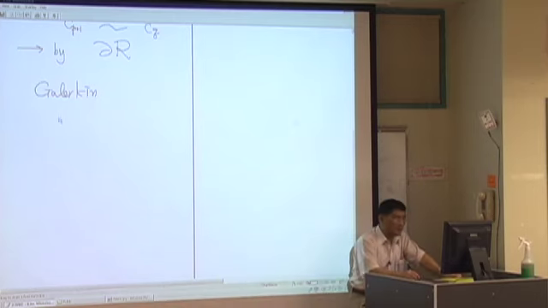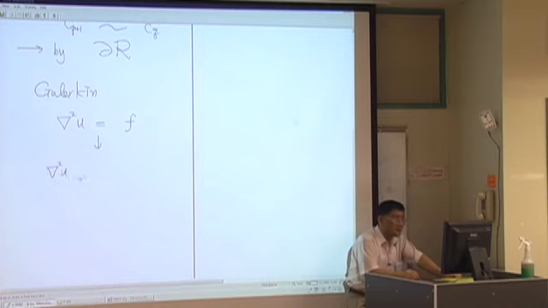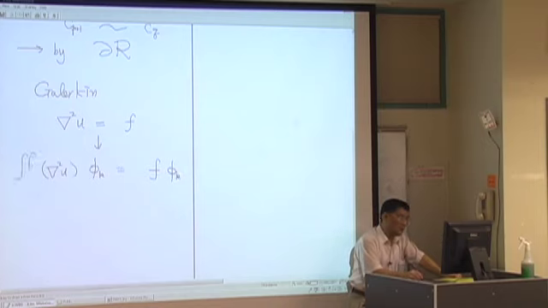We have a differential equation like this, equal to F. Then, instead of using this one differential equation, we use this kind of differential equation with the basis function, the interior basis function, and not just multiplying, but integrating over the region R, the area integration.